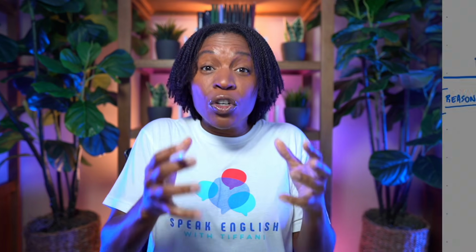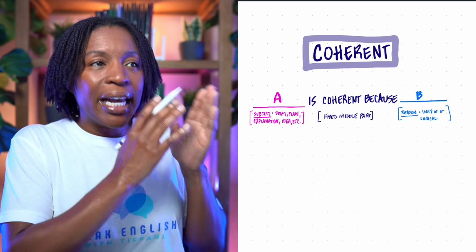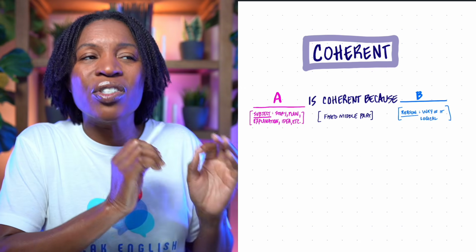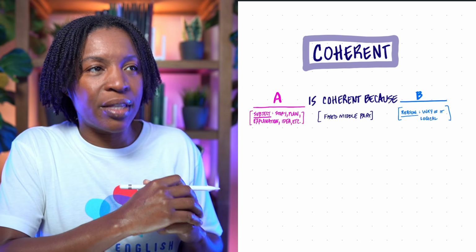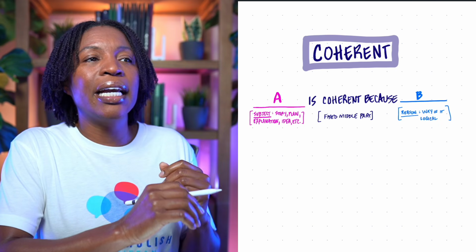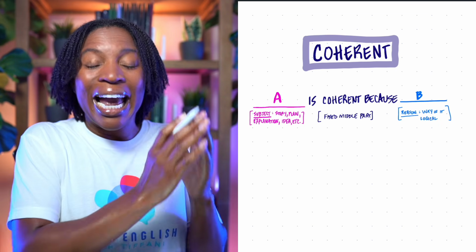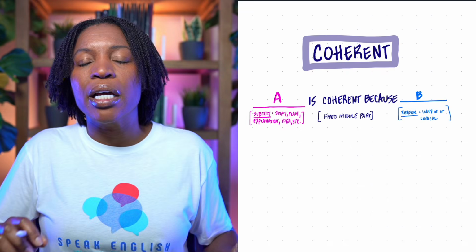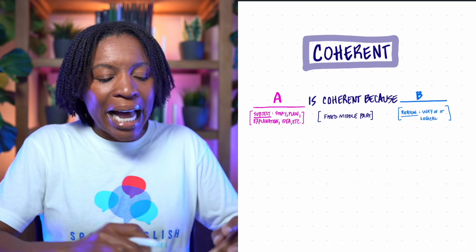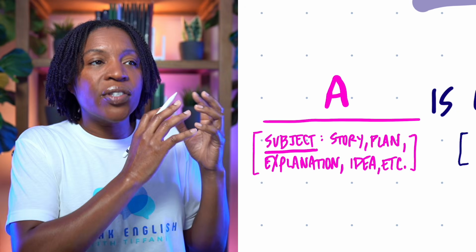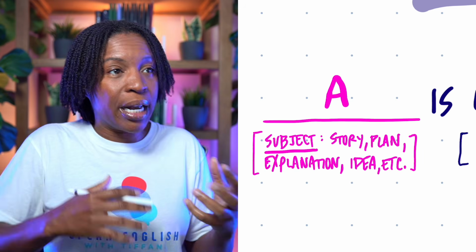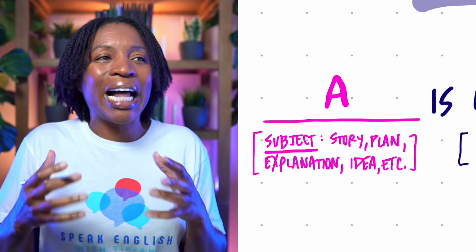But for you, if you want to start using this word, here is a very simple sentence pattern. The pattern is this: A is coherent because of B. Again, A is coherent because B. Now, A represents the subject, so either a story, a plan, an explanation, or an idea.